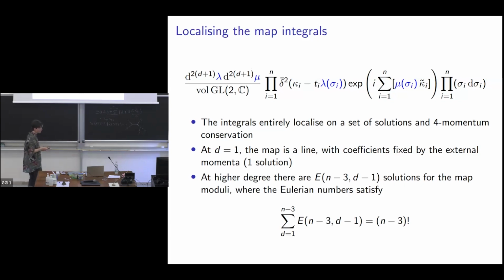As an example, at d equals 1, this just entirely localizes this integral to one solution, and this corresponds to the Parke-Taylor formula. At higher degree, this integral localizes to this number of solutions, where these are the Eulerian numbers, and they satisfy that the sum over all possible helicity configurations, so d is n to the d minus 1 MHV, if you sum up all of these, then you get n minus 3 factorial.